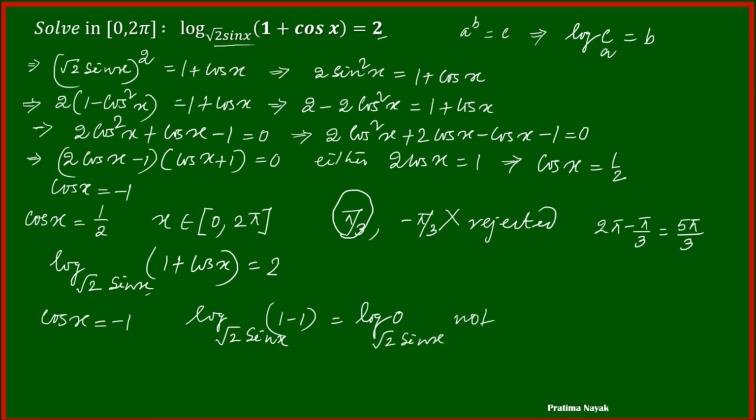So cos x is equal to negative 1 is rejected. Then what is the final solution? The final solution is only x equal to pi by 3.